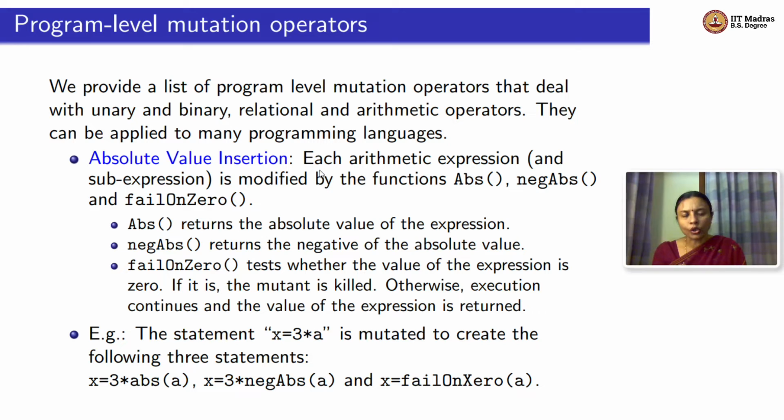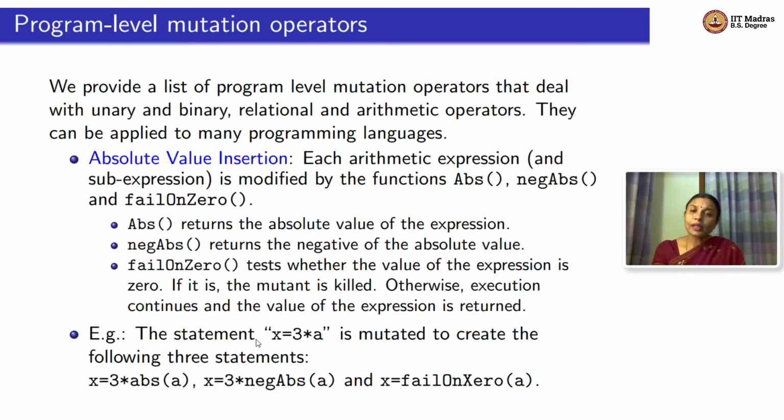So each arithmetic expression or a part of an expression can be modified by inserting functions like ABS, which stands for absolute value, negative ABS, which stands for the negation of the absolute value, or by inserting functions like fail on 0, which tests whether the value of the expression is 0. If the value of the resulting expression is 0, then the mutant is killed, otherwise it's ignored and the execution of the program continues.